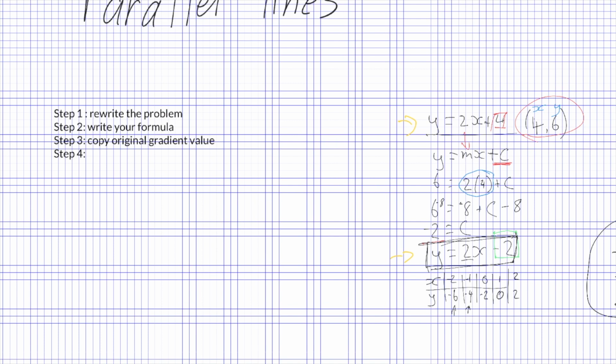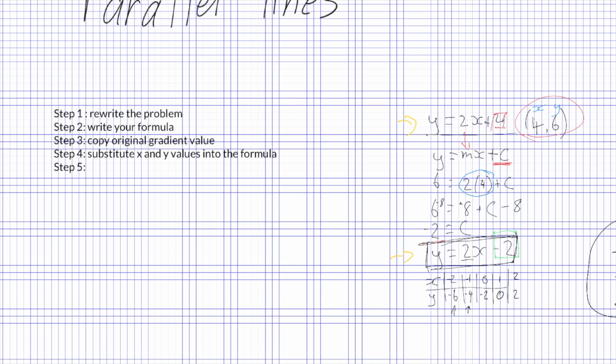So we are going to substitute our x and y values into the formula. And what we're left with, as you can see there, is our 6 equals 2, and then in brackets 4 plus c, because we want to find our new c value.